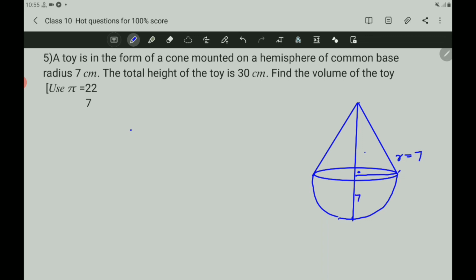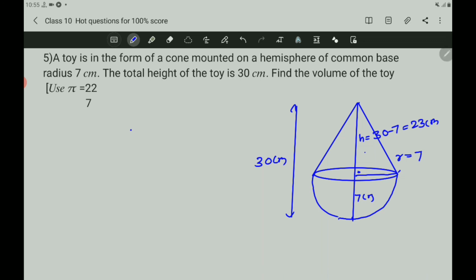From here to here the total height is given. What is the total height? That is 30 centimeter. So this is 7 centimeter. And what is the height of the cone? That is h here. That is equals to 30 minus 7, that is 23 centimeter.